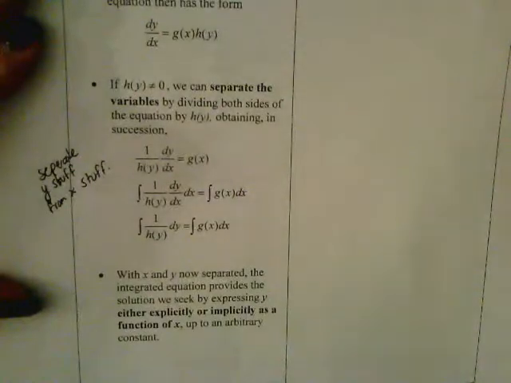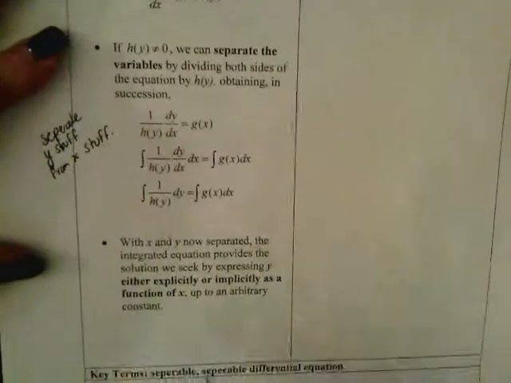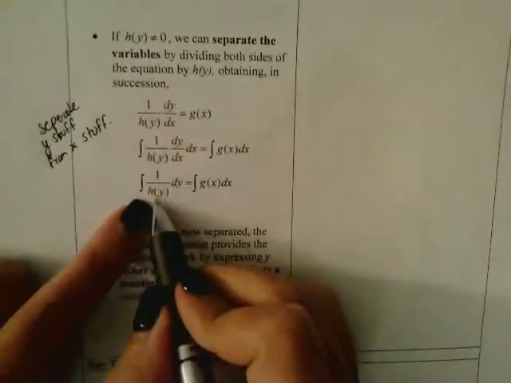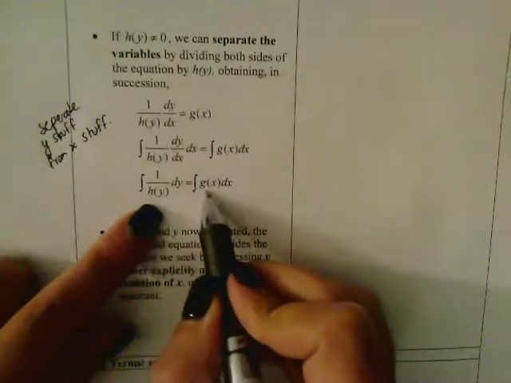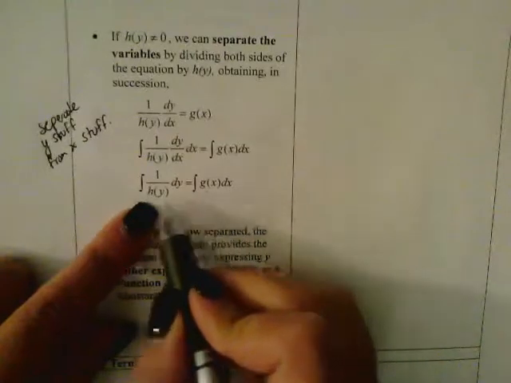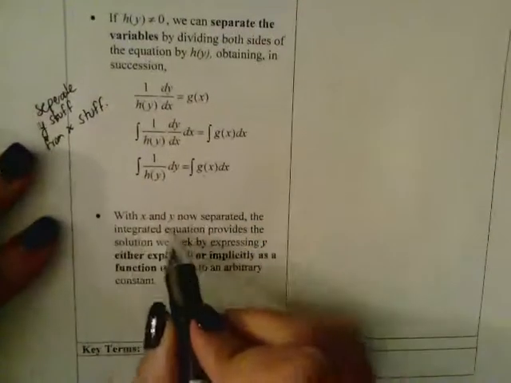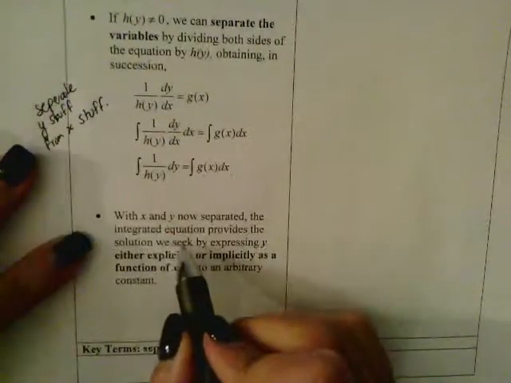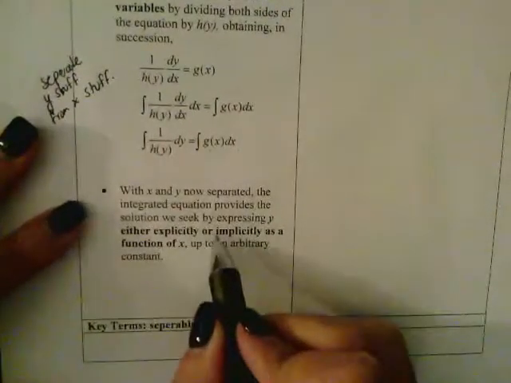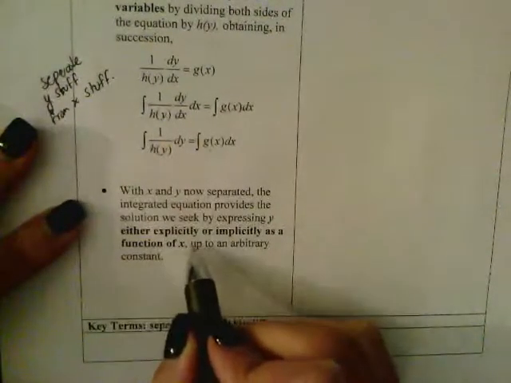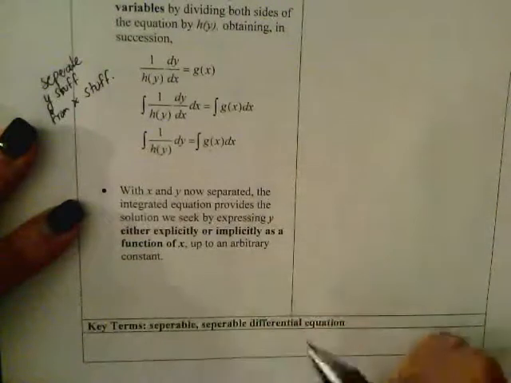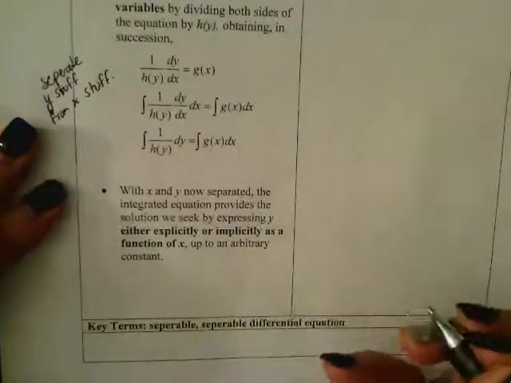So get your h of y's with your dy's and your h of x's with your dx's, so that way you can integrate them. Once your h of y is with your dy and your h of x is with your dx, you can integrate both sides. With x and y now separated, the integrated equation provides the solution we seek by expressing y either explicitly or implicitly as a function of x, up to an arbitrary constant.